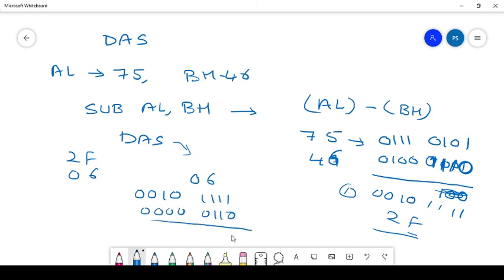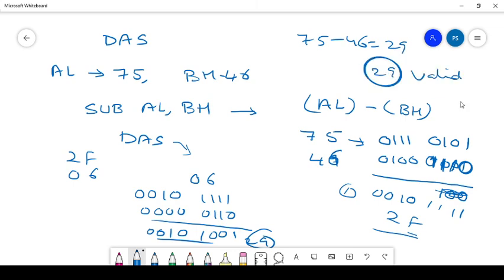So the result will be 0010 1001, that is 29. Generally, 75 minus 46 is 29, so this is a valid BCD number. It converts the invalid BCD result into a valid one. If the lower nibble is more than 9, then 06 will be subtracted from the result. If the upper nibble is more than 9, then 60 will be subtracted from the result.